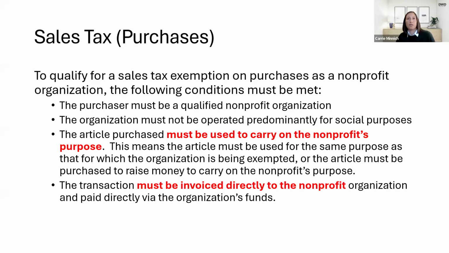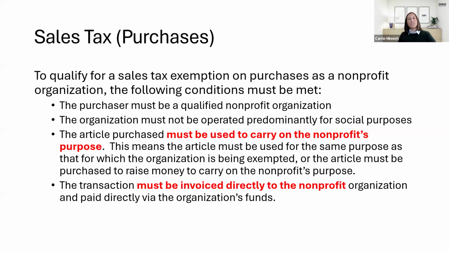So it can't be used, for example, if you're buying a gift for a board member that's retiring, that is not part of your tax exempt purpose. So it needs to be used directly for your exempt purpose. Also, it must be invoiced directly to the nonprofit. So if you are an organization and you are having your employees go out and purchase items at Walmart for supplies, technically those payments made by employees and being reimbursed by the organization should include sales tax because the employee is the one that's purchasing it, not the organization.